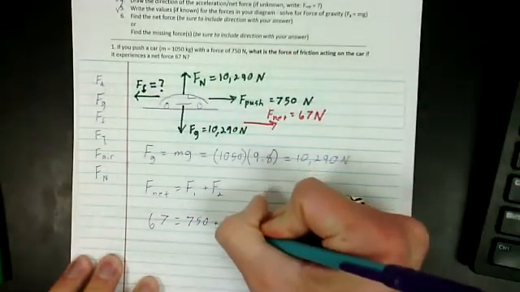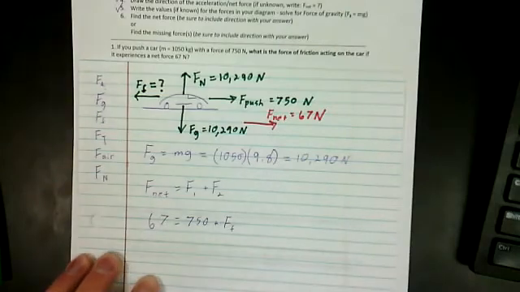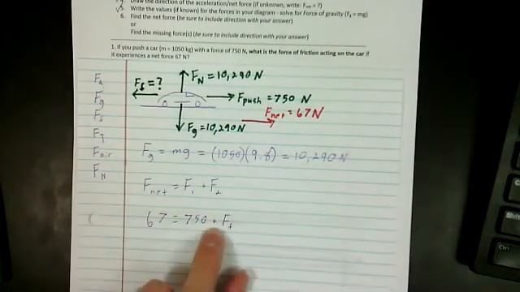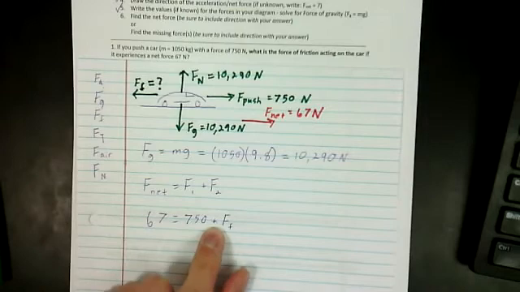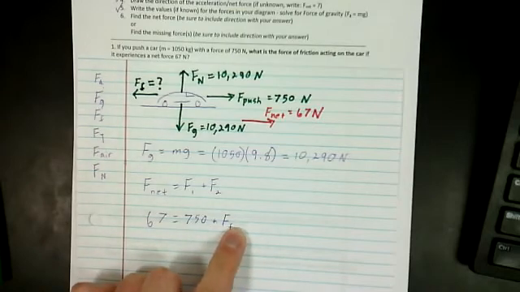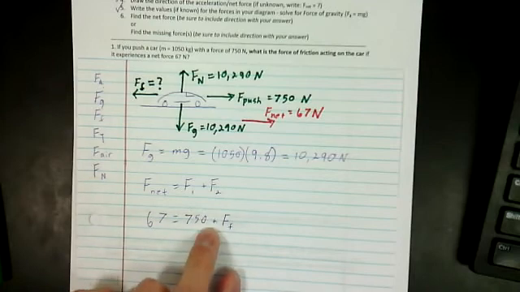Now, you might be saying to yourself, well, if friction's backwards, why don't we make it negative? Well, because this is math. It's not a direction. This is math. I'm adding the friction force. Now, the answer to friction will be negative, but when we're finding the net force, we're always adding all the forces together. So don't subtract it here, or you're going to get yourself a wrong answer sign-wise.